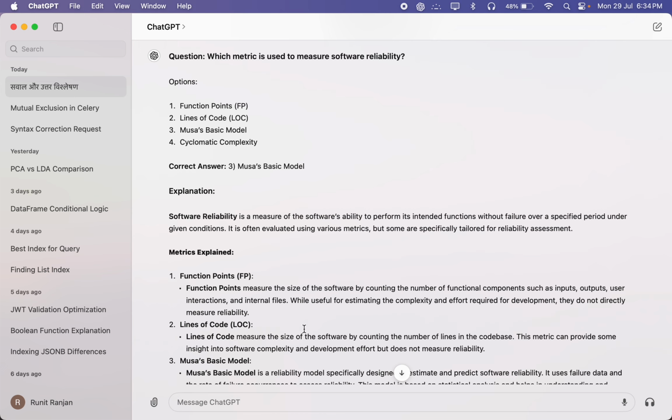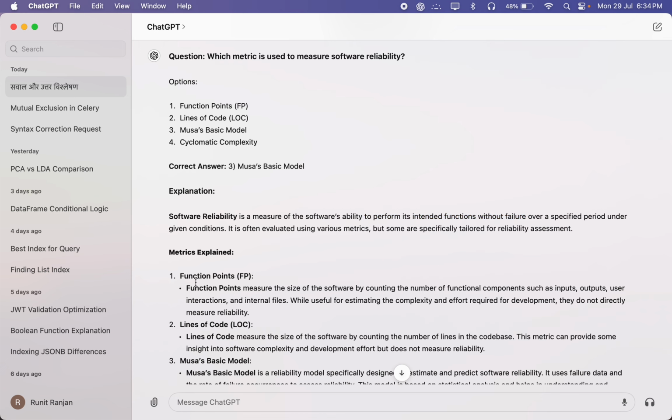Let's come here. Function points measures the size of the software. Okay, but first, software reliability is a measure of the software's ability to perform its intended functions without failure over a specific period under given conditions. Reliability means your software will work and won't fail, basically without failure to perform its intended functions.